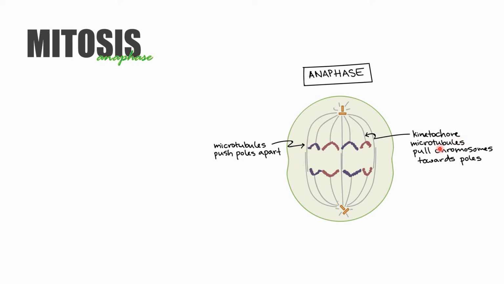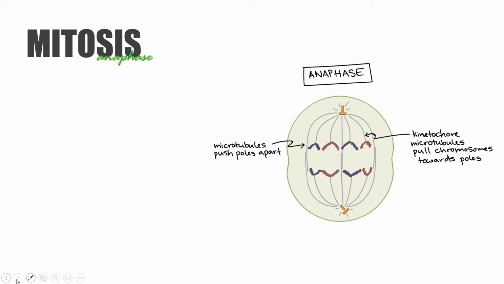Okay, so ano ulit yung two types of microtubules na sinasabi dito? Yung mga microtubules na walang pinag-attach na kinetochore at yung mga microtubules naman na mayroong pinag-attach na kinetochore. For the microtubules that attach to kinetochores, they will be pulling the chromosomes towards the poles where they belong. For microtubules naman that are not attached to a kinetochore, they will be pushing the poles apart.